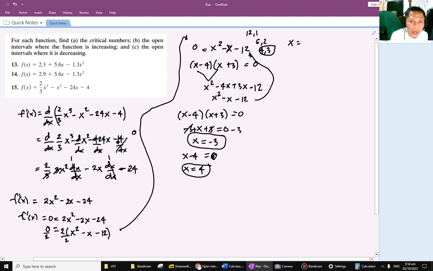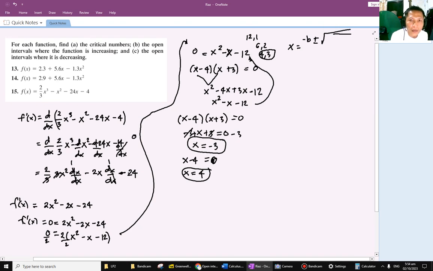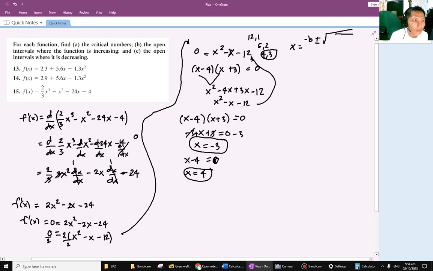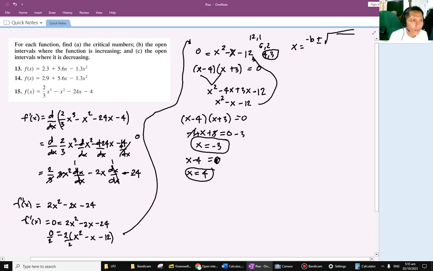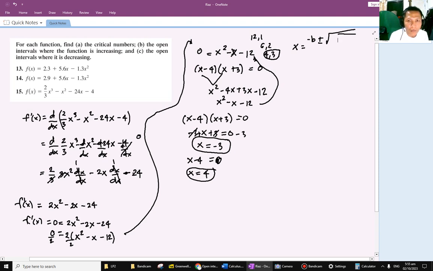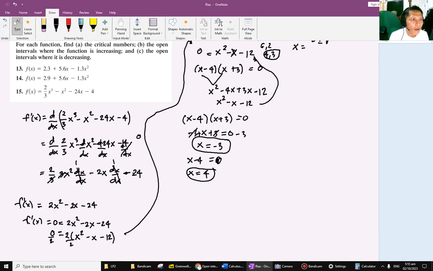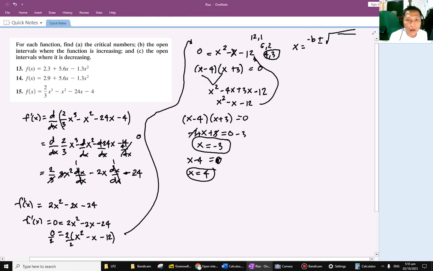So to find that x, you can use the formula negative b plus minus the square root of b squared minus 4ac all over 2a.